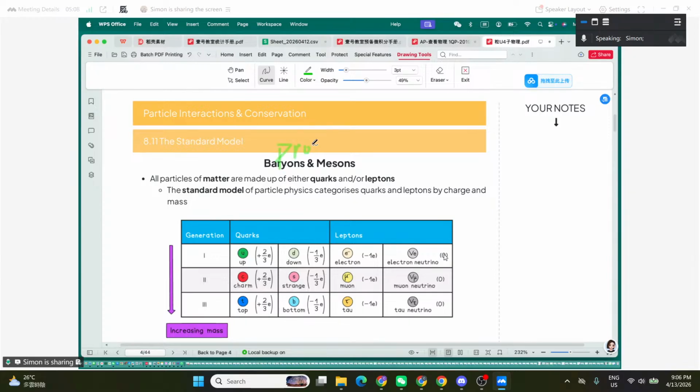If I want to know what is the basic composition of the proton, understand that? In this part, we are going to outline the basic structure of an atom.